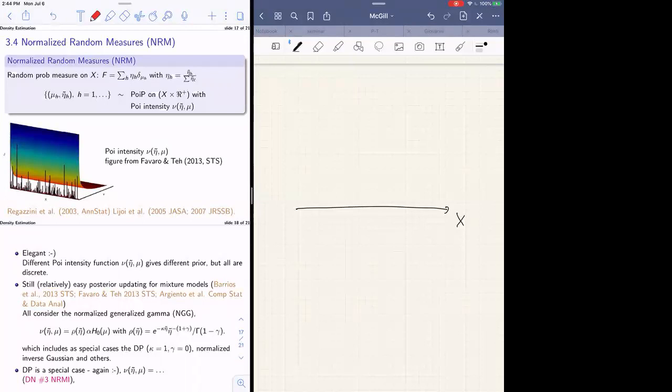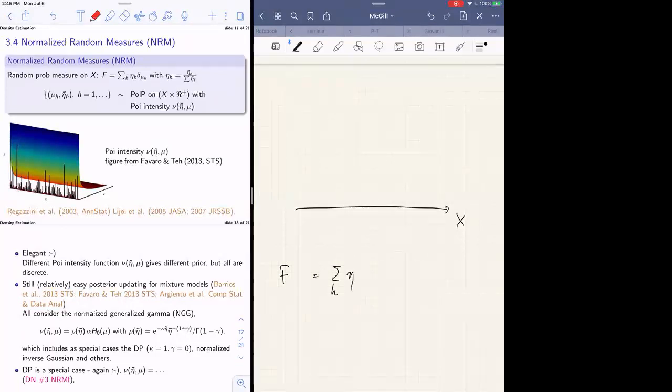This is my desired sample space, and I already tell you that my random probability measure will be discrete. So I can represent it as a summation of point masses. Sorry to switch notation on you. Earlier that was P sub h for the Dirichlet process.